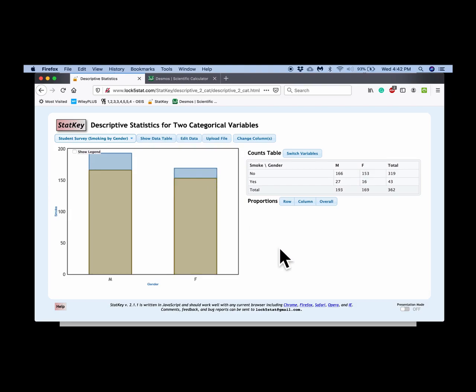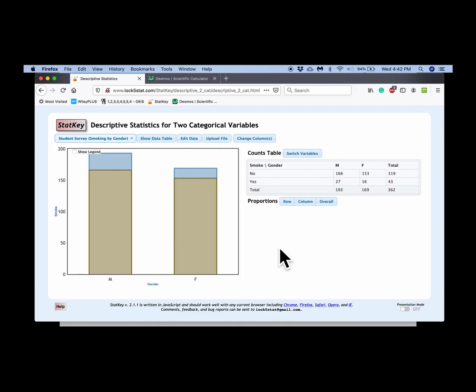So it's just another way of looking at the data through slicing the data, in this case, first by gender, and then within those categories by smoking and non-smoking. At any rate, no matter how you do it, you can look at the data in both ways. You can use switch variables to allow you to transpose the information.